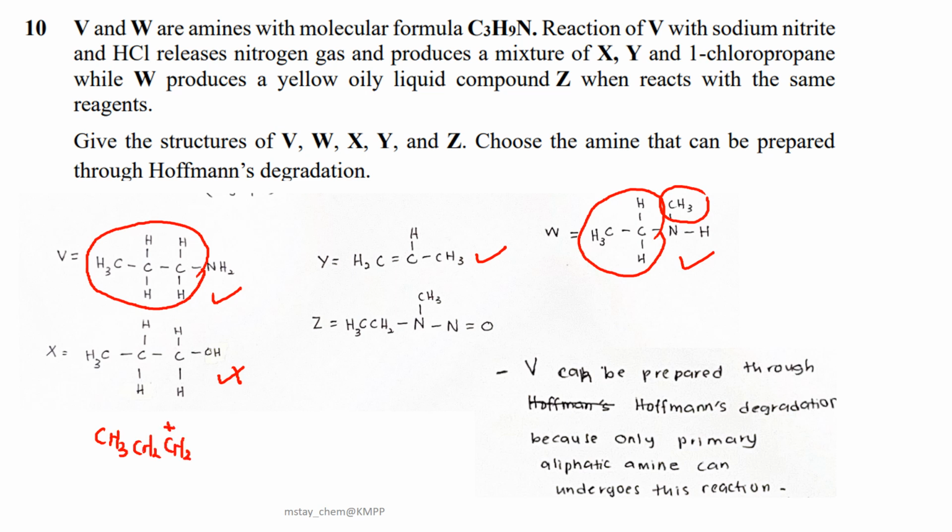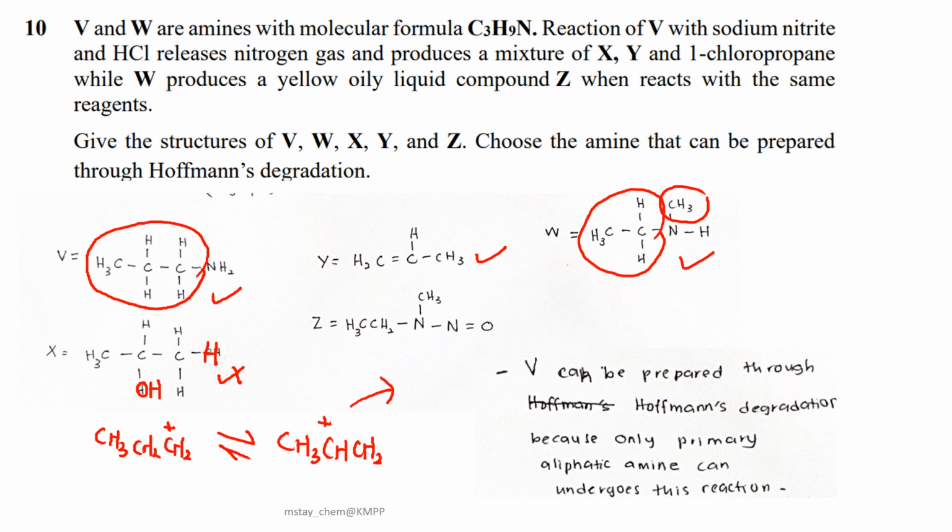So this is the primary haloalkane. So it may rearrange to become CH3, CH, CH2 plus, which is the secondary carbocation. So if this is the secondary carbocation, the product of the structure X will be: here will be the hydrogen, and this one will be the OH.